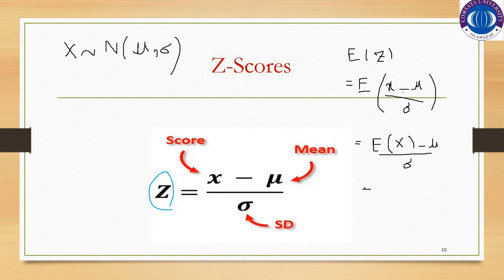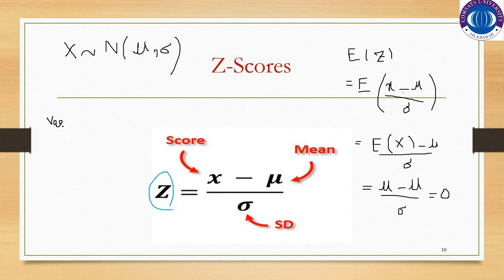So we have mu minus mu over sigma, which is equal to 0. So the expected value, or mean, of the random variable z is 0. Now what would be the variance?